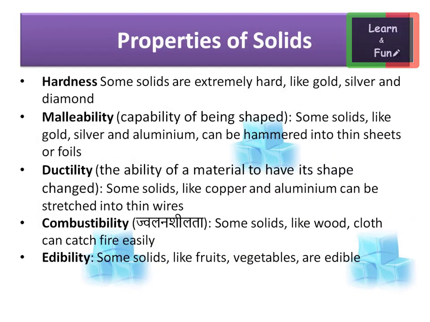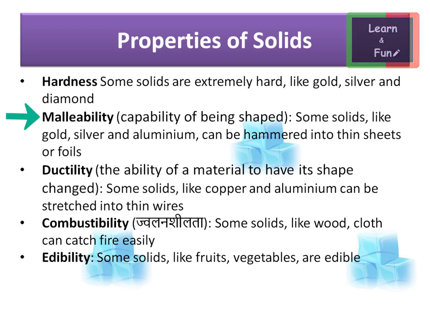Let's see properties of solids. First one is hardness. Some solids are extremely hard like gold, silver and diamond. Second one is malleability. Malleability means capability of being shaped.